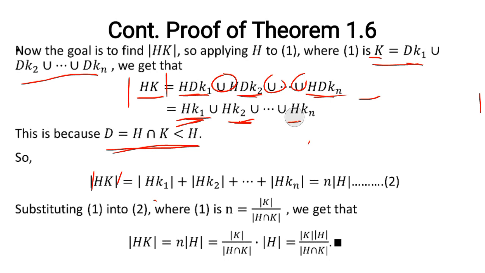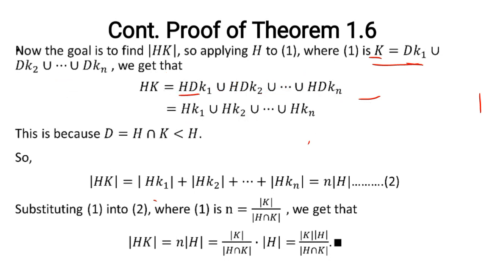There are n of them, right? We gave it an assumption. We said we don't know how many, so we stopped at n. n could be any number. So if there are n of them, what happens? There are k1, k2, all the way to kn, and H is just following. And H is a subgroup. So basically I have n of the k's times the order of H, meaning that I have the order of HK equal to n times the order of H.